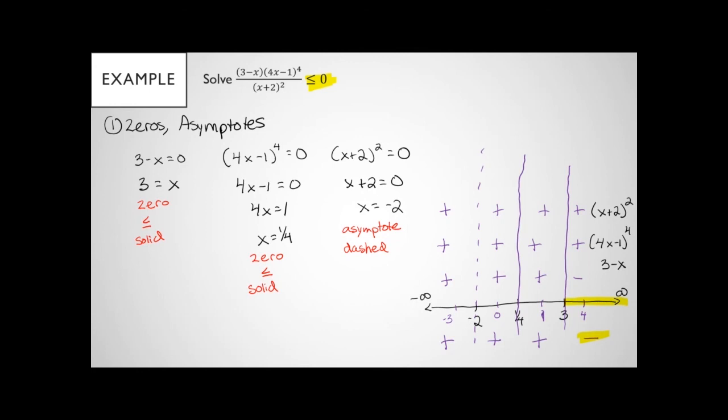So our answer is just that one section. I'm going to put it up here. We've got a bracket at 3, and then we're going to infinity. And that's where everything is below 0.